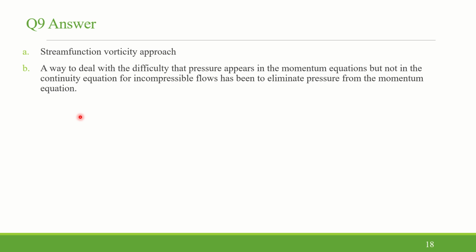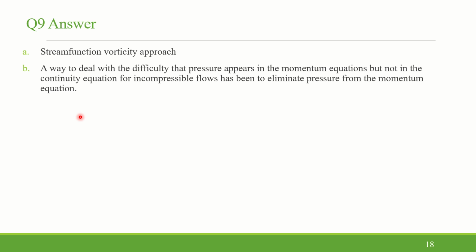So one way to deal with that was artificial compressibility approach, wherein we introduced one variable in the continuity equation as rho star. So the next method is that to eliminate pressure from the momentum equation.